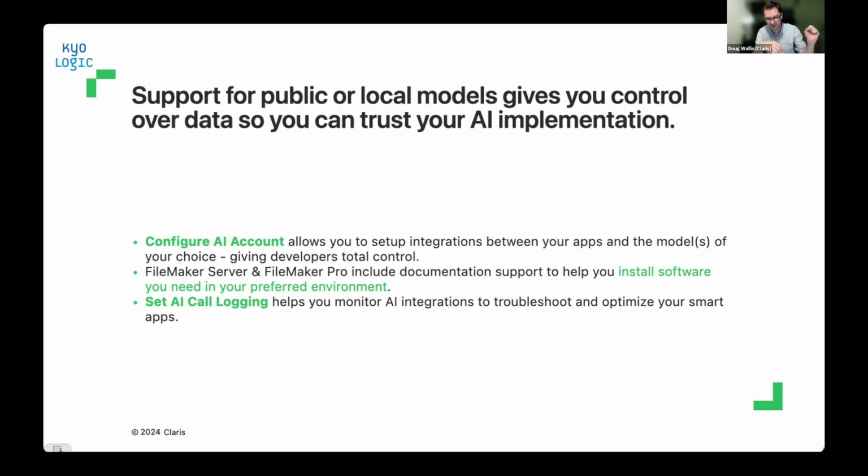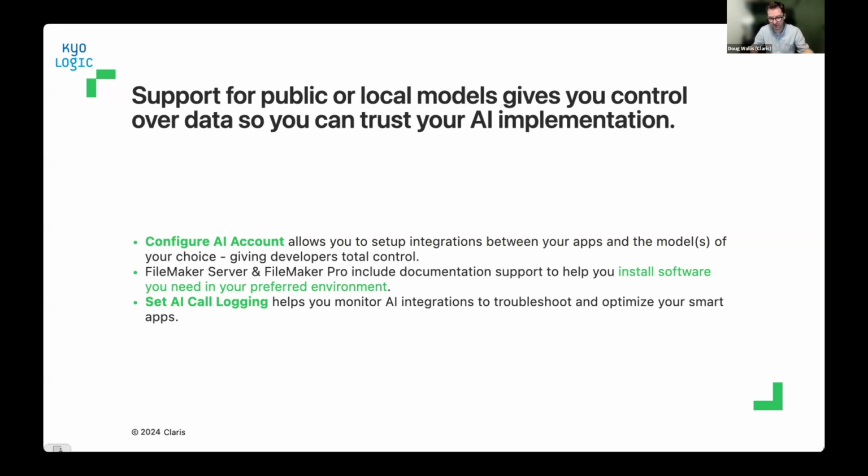So within the script steps, you'll have one where you can configure the account. You tell it the model you want to use and where the information goes, and then you'll be able to create this embedding where your data is vectorized. We have all the information to be able to install the open LLM, in both FileMaker Server and Pro.